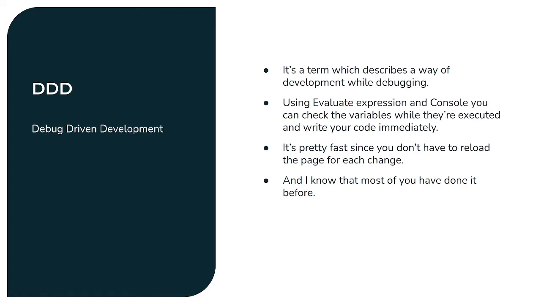So using the evaluate expression and console, instead of trying this and refreshing, and it's not working, and then trying that and refreshing, and it's not working, you actually stop the execution of the program, and on the go you try different things, and then just put that code where you need it.